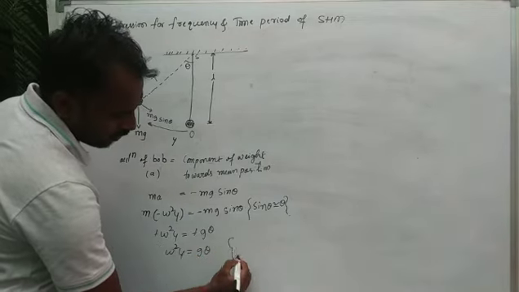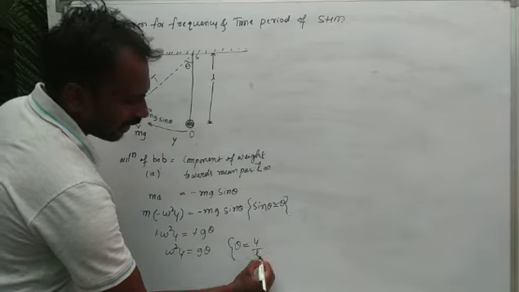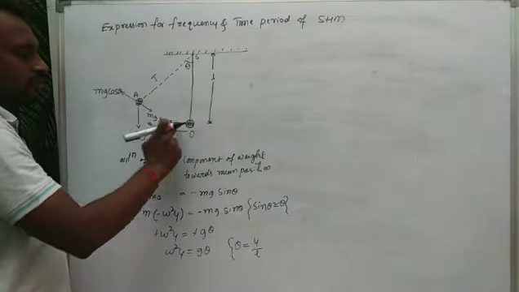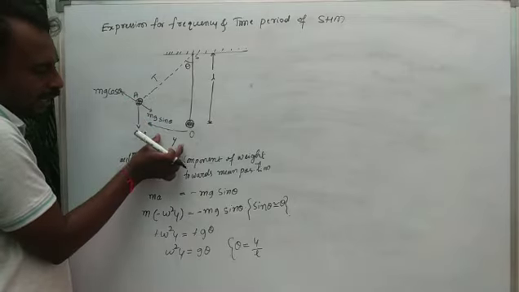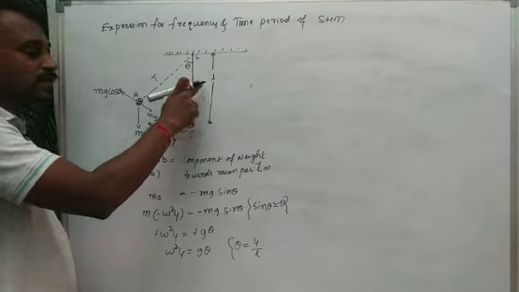Okay, so angular displacement theta is equal to displacement divided by length. Suppose the oscillation is on this side, y is the arc length and L is the radius of the circle.